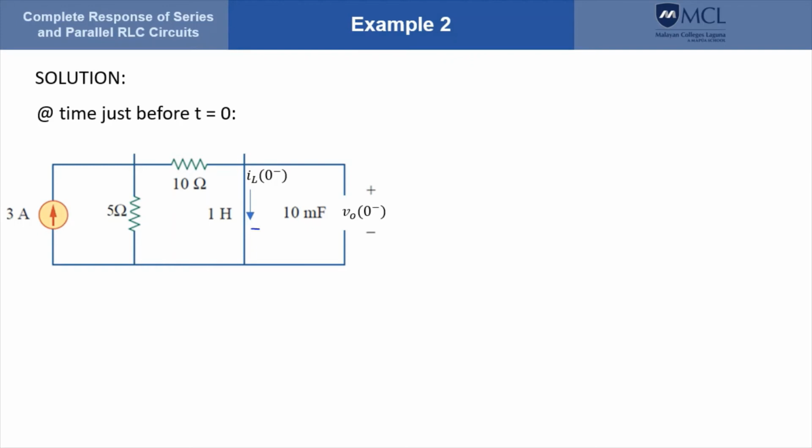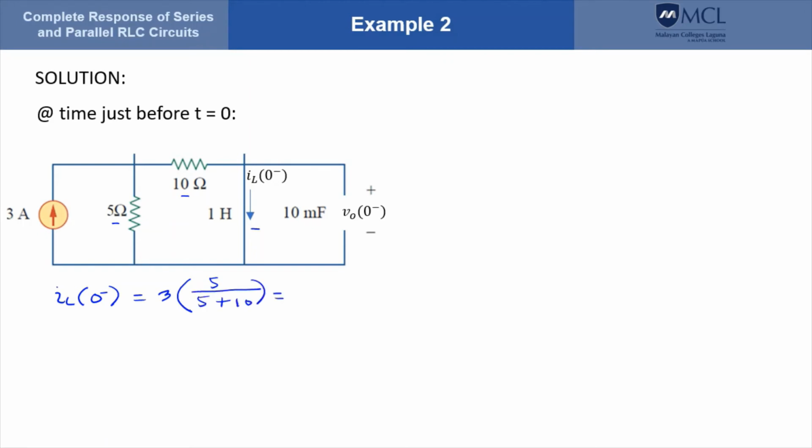We can compute for the current to the inductor using current divider because the capacitor is open, making the 5 and the 10 ohms in parallel. So therefore, the current to the inductor is 3 times 5 over 5 plus 10.